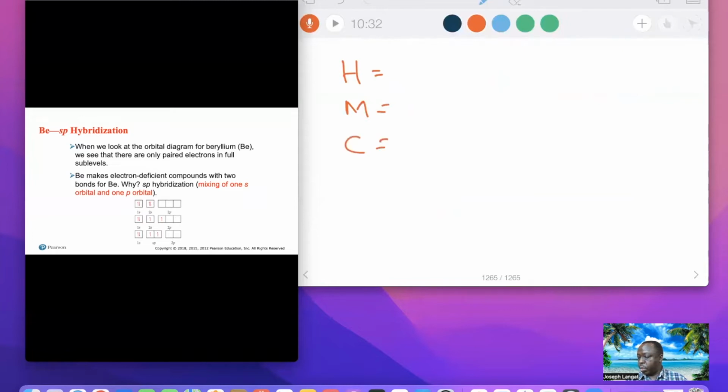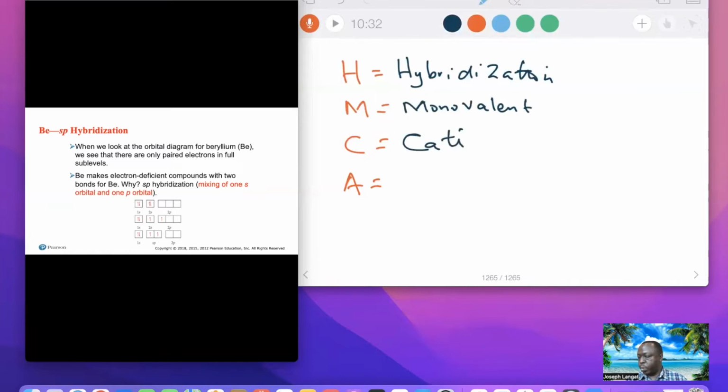M is for monovalent, C is for cation, and A is for anion.